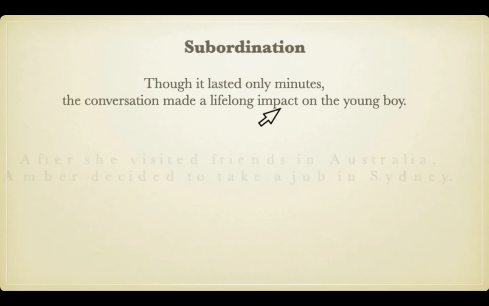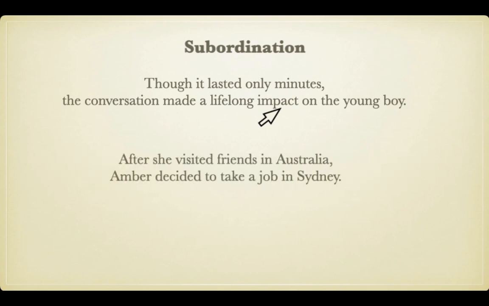Here's another example. After she visited friends in Australia, Amber decided to take a job in Sydney. The most important clause in this sentence is Amber decided to take a job in Sydney. So, she visited friends in Australia is subordinated by the word after.